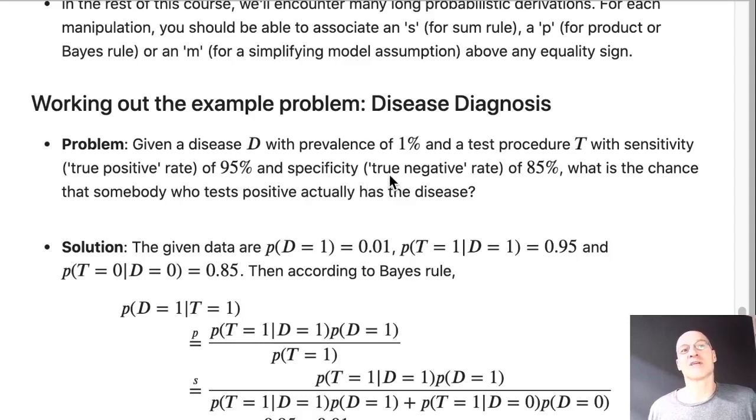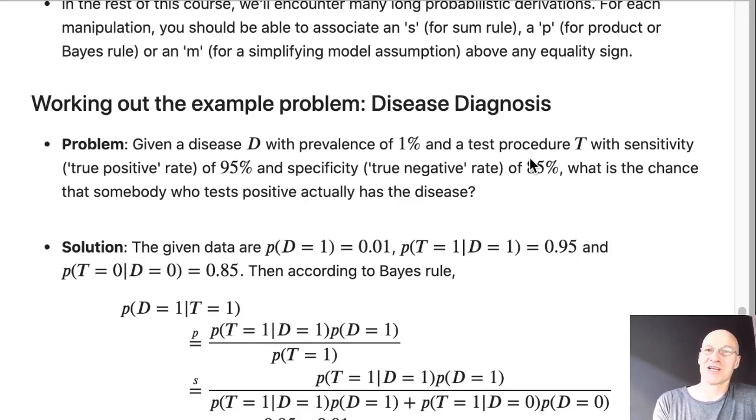This test procedure also has a specificity, or true negative rate, of 85%. That's the chance that if somebody does not have the disease, then in 85% of the cases the test procedure confirms that, and the test comes out negative.